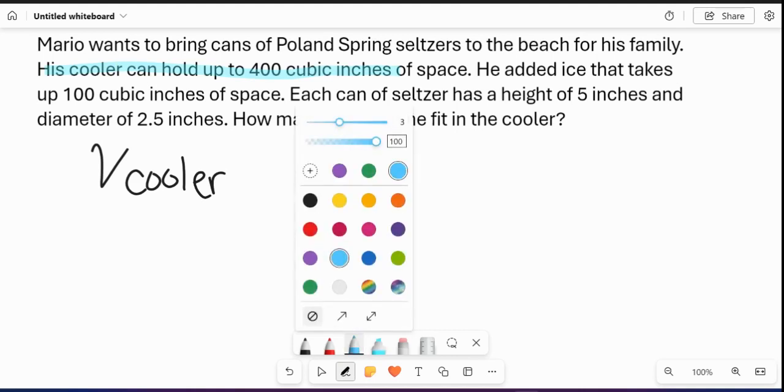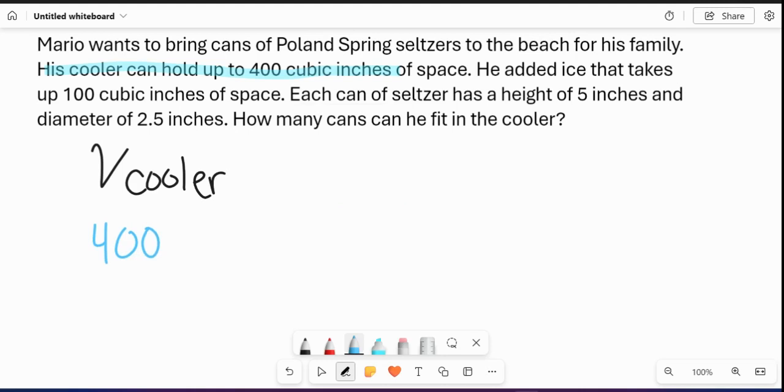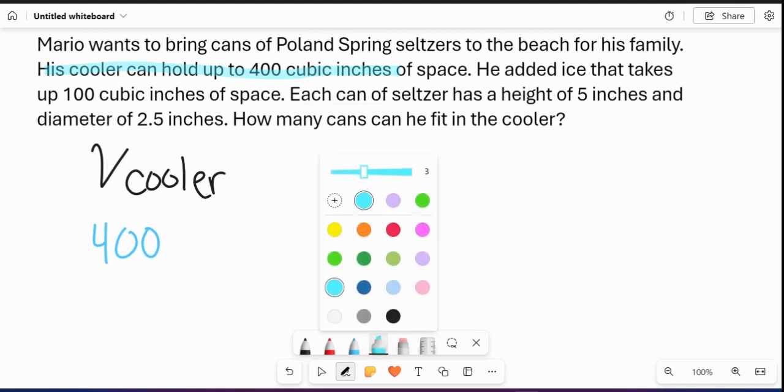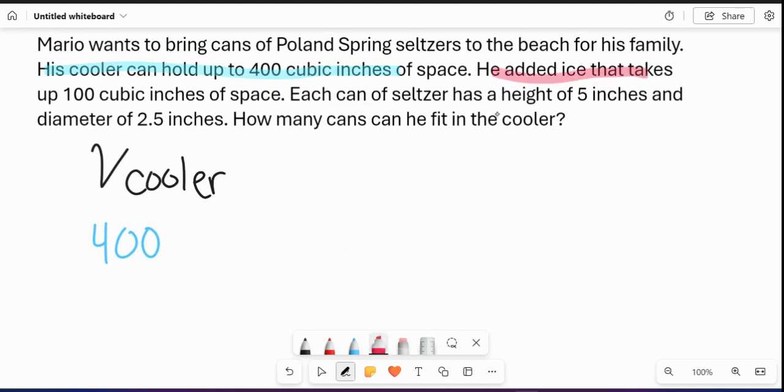And then he added ice that takes up 100 cubic inches, that means you would have to take 400 and take away 100 because that ice takes up some of the space in the cooler. So the cooler with the ice can hold 300 cubic inches of space. Pretty simple to figure out.